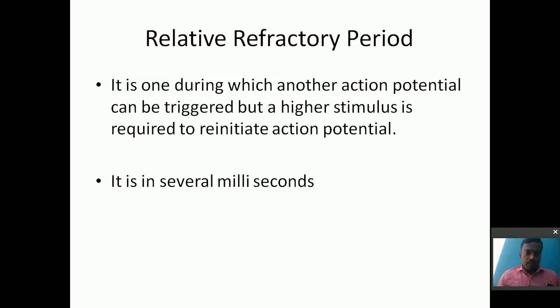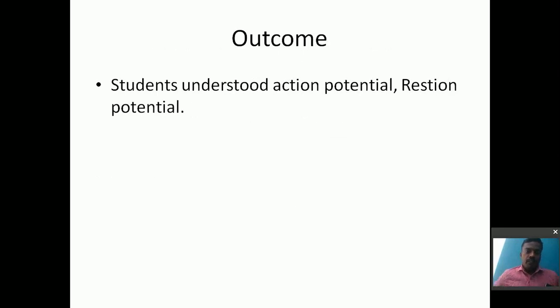At that time, if we need to generate another action potential, we have to give some external stimulation, and that stimulation must be very high. That is the relative refractory period. At this time it needs more stimulation to enter into an action potential. It happens for several milliseconds.